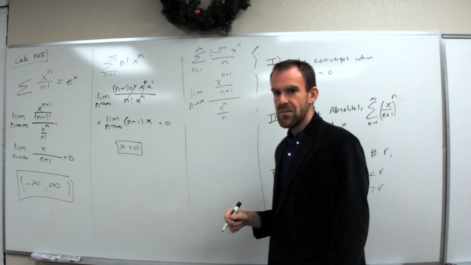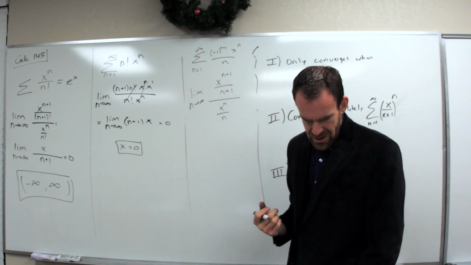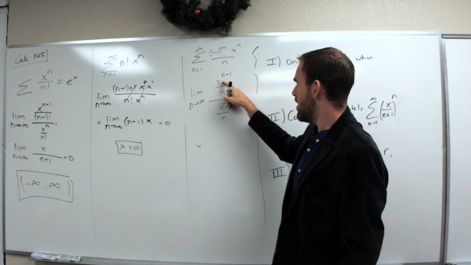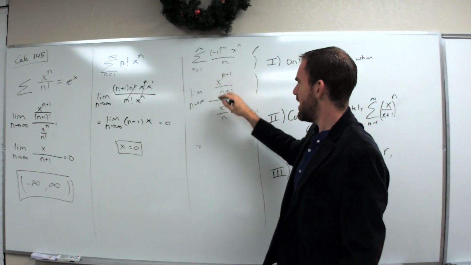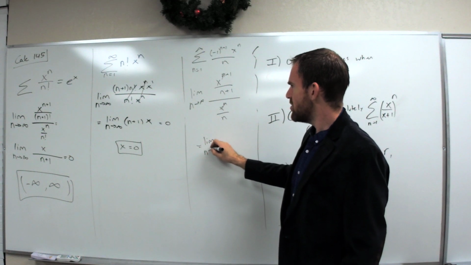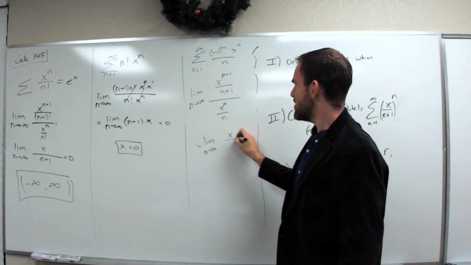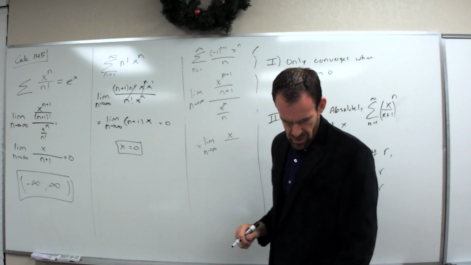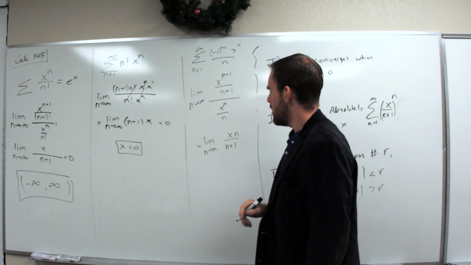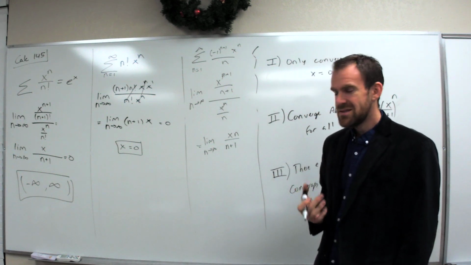Okay. So what am I going to do here? If I take out the x to the n's, I have the limit as n approaches infinity of x times n over n plus 1. Now, I want this to equal 0.